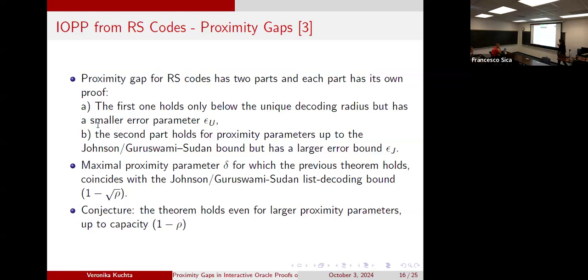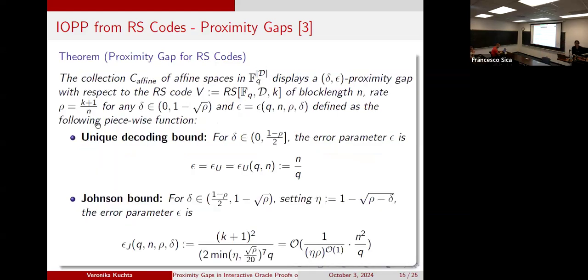So what we need is to analyze linear codes and their proximity gaps, whether we can improve this current result which exists right now. So right now we have proximity gaps which are defined up to this bound.